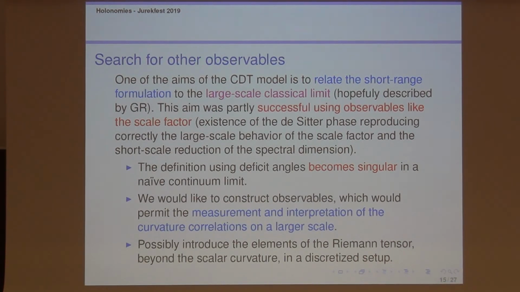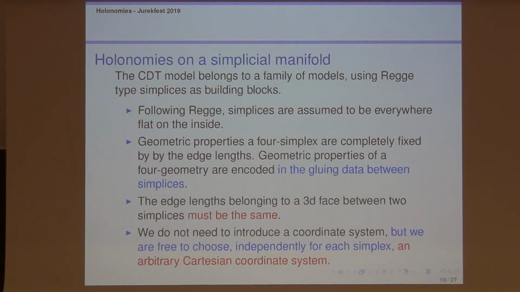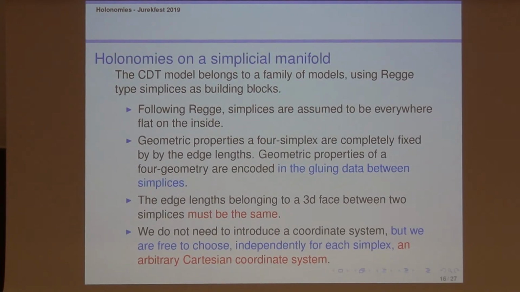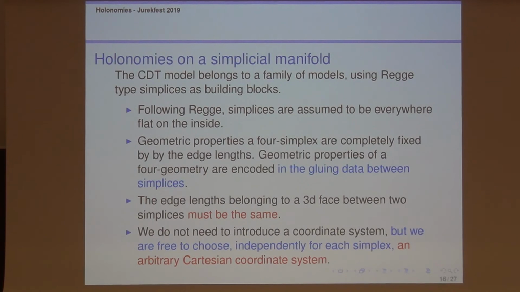Can we, for instance, discuss some objects which would be more related not only to scalar curvature, but maybe to some elements of the Riemann tensor? And in fact, we can try to come back to this discussion of holonomies in the context of manifolds which are constructed from these elementary building blocks, which are simplices.